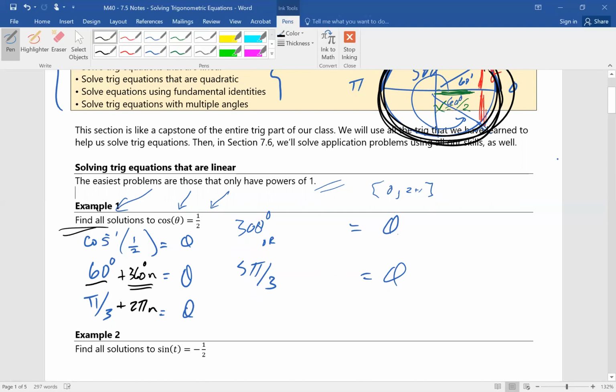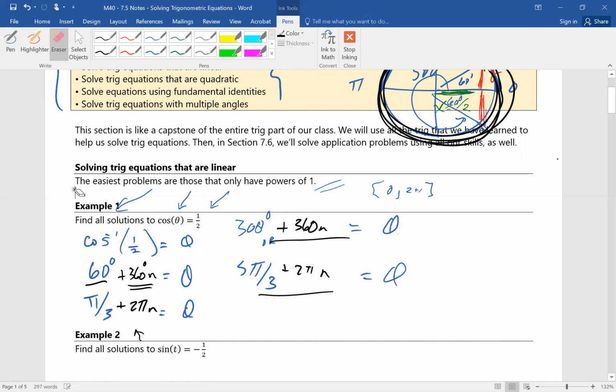That accounts for all the solutions, and that's really, think about how many more solutions you're doing by accounting for the 2 pi n or the 360 n or the multiple rotations. There's a zillion of them. So really 60 degrees is just one answer. And if you're going to do 300 degrees, you can still do 360 n or plus 2 pi n for those as well. So you're going to need those in there when you're being asked to find for all solutions.